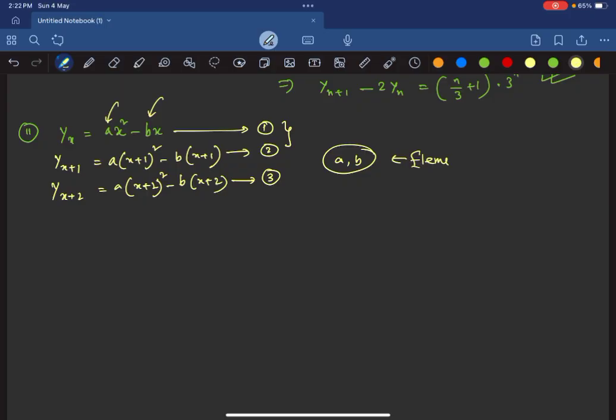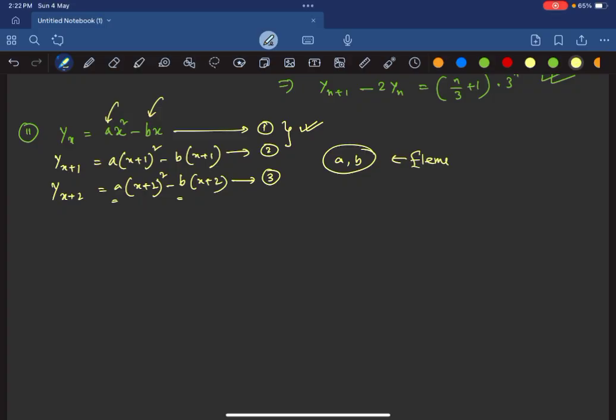Out of these three you can take two at a time and solve for a and b. Substitute in the third equation. Whatever the remaining equation you have, just substitute there and the expression will give you the required difference equation. Okay, this is one way. So if we are taking 1 and 2, solve for a and b, substitute that a and b in the third equation, and the ultimate form is the required equation.